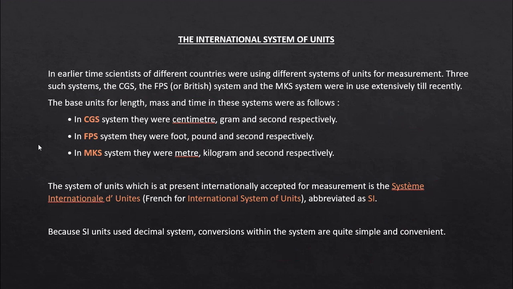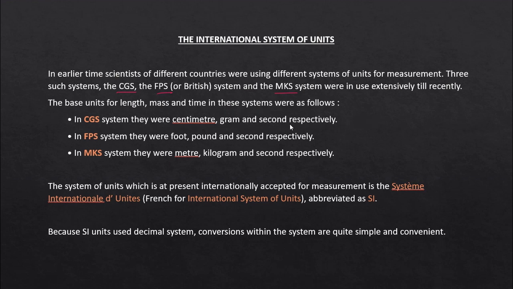So let's see what is the international convention of the units. In earlier times, scientists of different countries were using different systems of units for measurement. Three such systems were the CGS, FPS and the MKS system. The base units for length, mass and time in these systems were as follows.